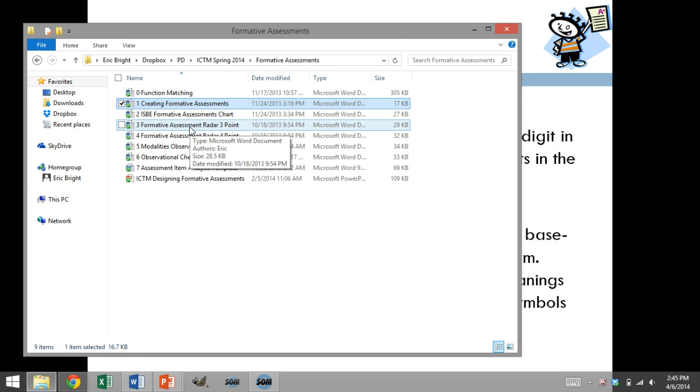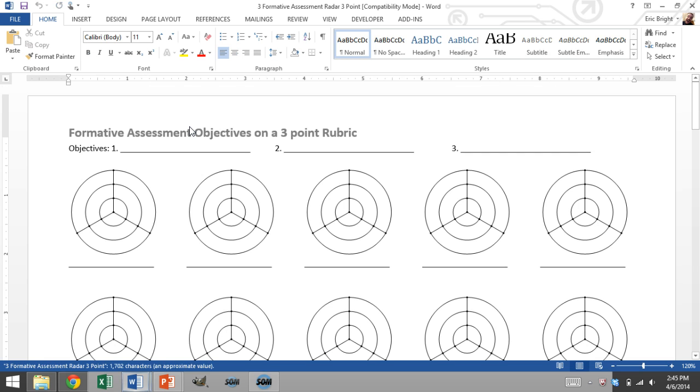So let's say you had those questions up on the board, for students to analyze. Here's what's called a radar, and you could have either objectives that you list up here, 1, 2, and 3. So in our case, I might change it to questions instead of objectives.